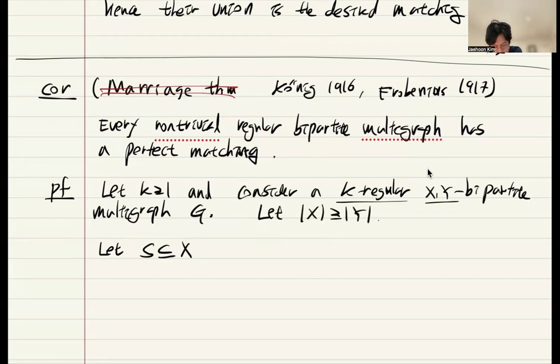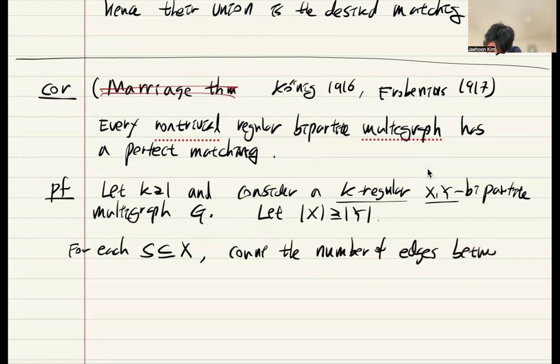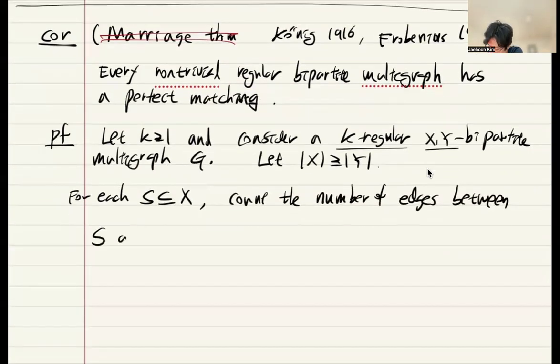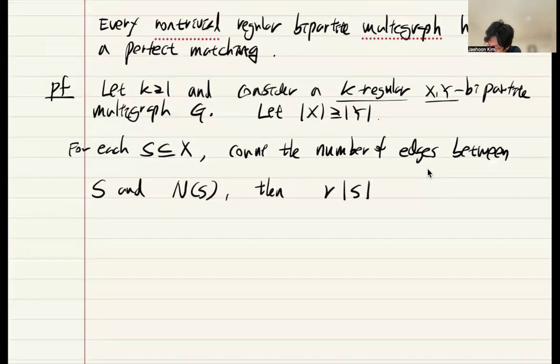And for each S, which is a subset of X, we count the number of edges between S and its neighborhood N(S). Then what do we get? Each vertex in S has degree k, so it is sending k edges. And all of them are going to N(S).